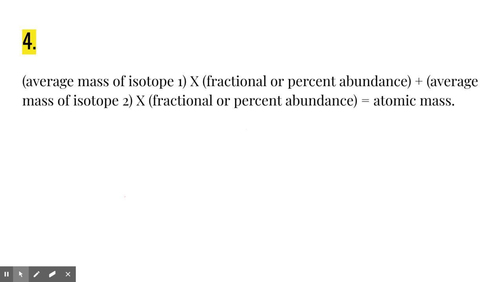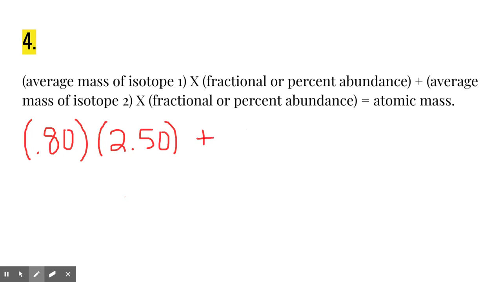So we're going to just change that to a decimal, or leave it in the decimal from our calculation. And we're going to take that times the mass that we determined our posts to be. The average mass of our post we determined was 2.50. And I want you to use your numbers, not mine. So everybody will use 0.8, but I want you to use your mass from number 3.